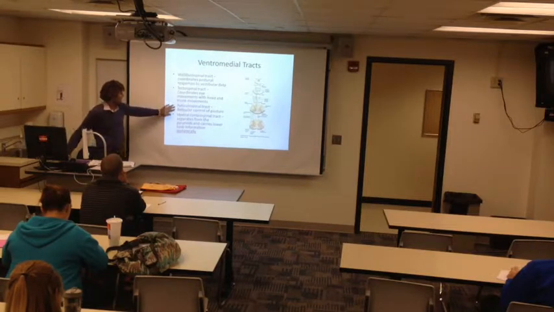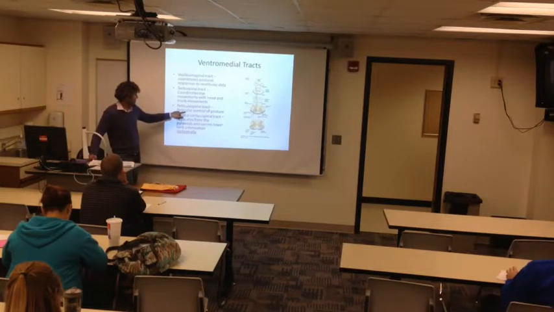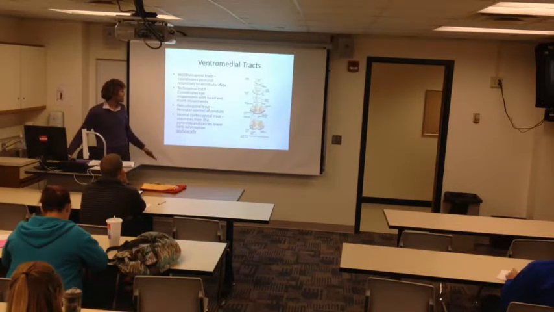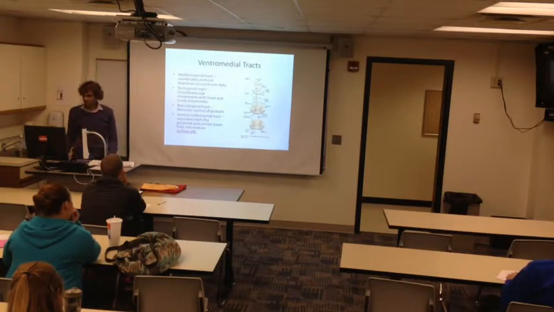The reticulospinal function, this is the brainstem reticular formation, not the reticular nucleus of the thalamus. The brainstem reticular formation's control of posture. So like you're maintaining an upright posture while you're awake, and when you fall asleep, you fall over. So that's a reticulospinal function.